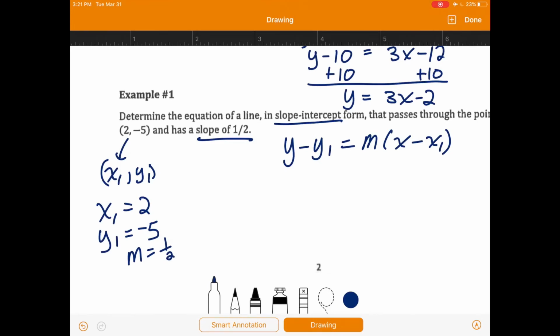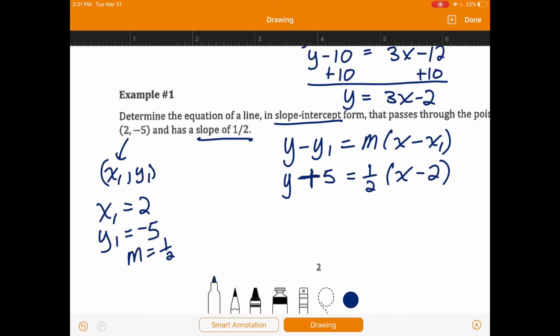And we're going to take those three numbers and plug them into the formula. So y minus y1, so that's going to be minus a -5. And whenever you subtract a negative number, it's the same thing as adding a positive. So I'm going to change that to plus right there. And then the slope is 1/2, and then x minus x1, which is 2.